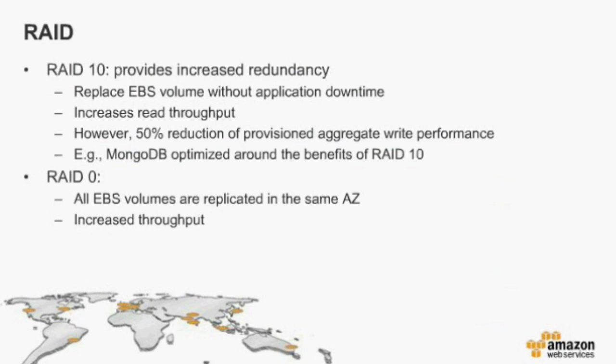For example, MongoDB is very well optimized around the sort of RAID 10 multi-read system. Other applications aren't quite as well optimized. So certainly worth testing on your side to figure out whether your application requires the disks to be combined in this way, or if you're using something like a distributed network file system where your application may have native management of storage volumes integrated.